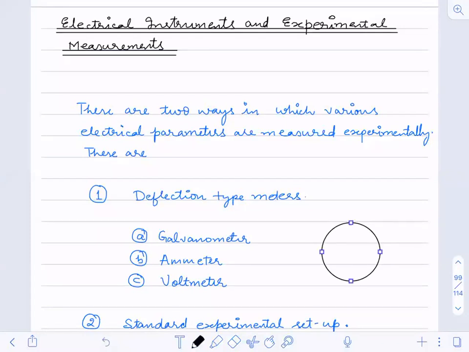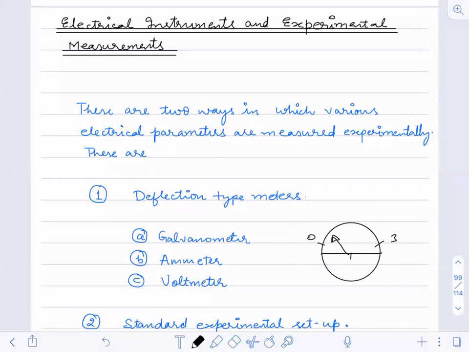You would have seen a device like this, and there would be a needle from 0 to some 3 or 4, with readings, and this needle would deflect and you would have taken a few readings from them. So deflection type meters are these only.